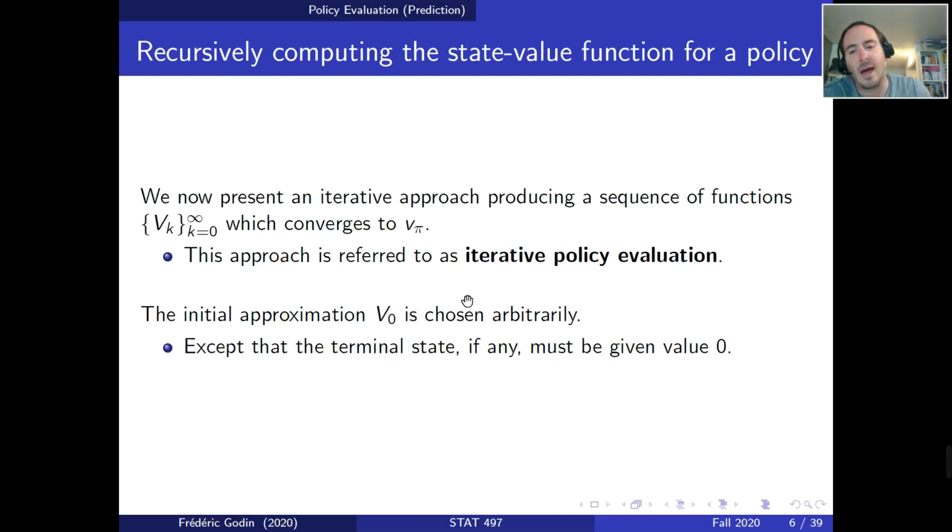One exception is that in terminal states, if any, so for episodic tasks, if there's a terminal state, the value at that state must be given 0. So for all terminal states where the episode ends, you put 0 as the initial estimate of the value function, which is not only an estimate, it's the exact true value in these states. But for all non-terminal states, you can put any number you want as initial estimates of the value of these states.